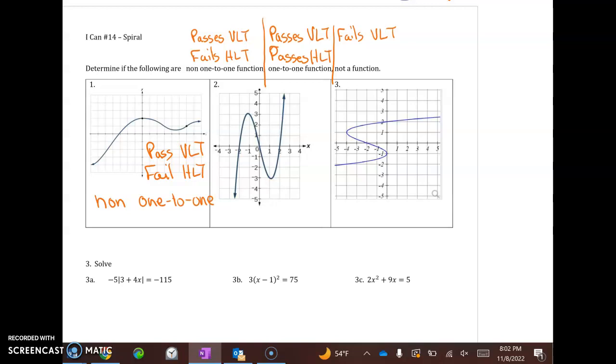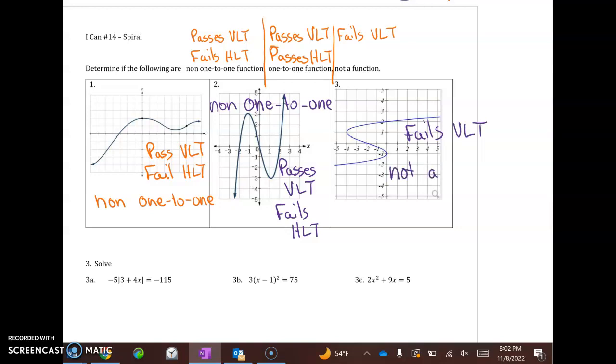All right, number 2, it also passes the VLT and fails the HLT. So this is going to be non-one-to-one. And then the last one actually fails the vertical line test. So no need to continue. This is not a function.